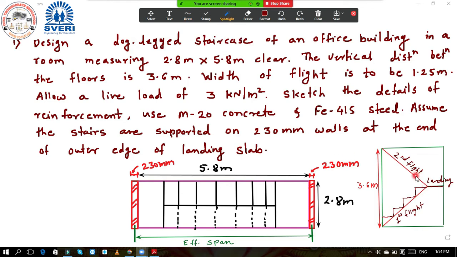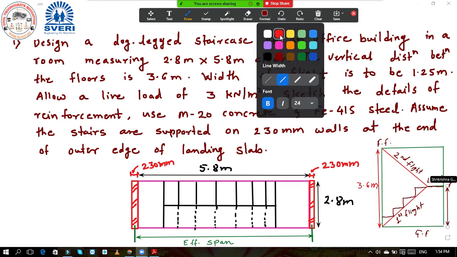This is your riser, then tread, then again riser, tread, riser, tread, riser, tread. Here this is your ground floor, and at the top this is your first floor. This mid landing is at the halfway. If this total is 3.6 meter, then up to this point the distance is 1.8 meter.